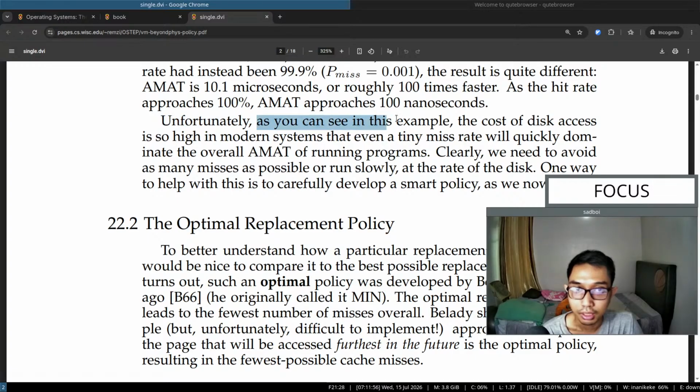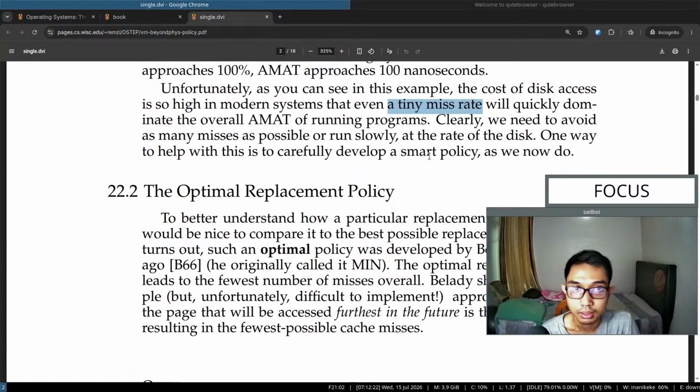Unfortunately, as you can see in this example, the cost of disk access is so high in modern systems that even a tiny miss rate will quickly dominate the overall average memory access time of a running program.